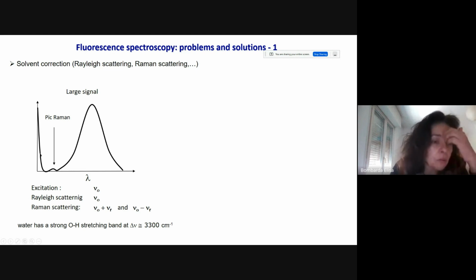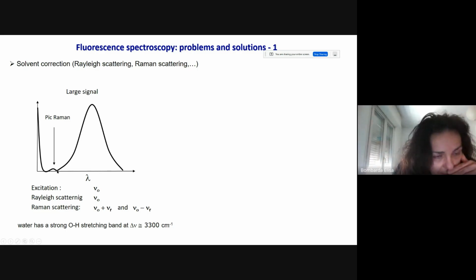That's why normally we start an emission spectrum not exactly at the wavelength of excitation but, as a rule of thumb, 5 nanometers afterwards, in order to get rid of such a peak that actually doesn't tell us much.